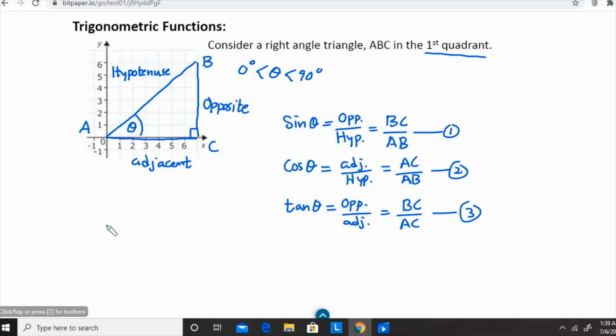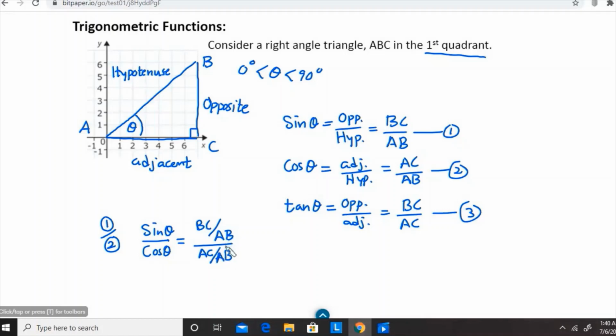Now what I'm going to do is divide equation 1 by equation 2 like this. So equation 1 over 2 means sine theta over cosine theta. But sine theta is this ratio BC over AB, and cosine theta is the ratio AC over AB.